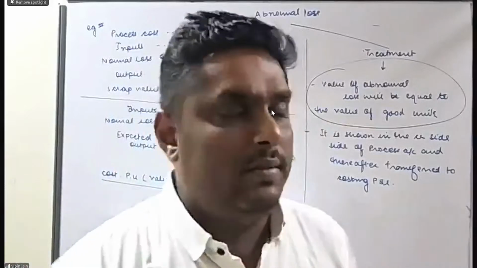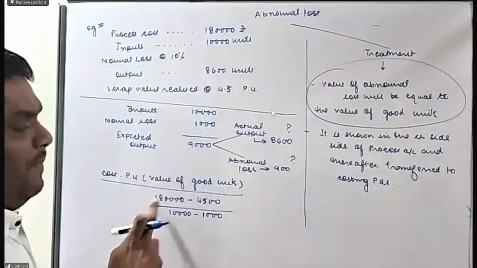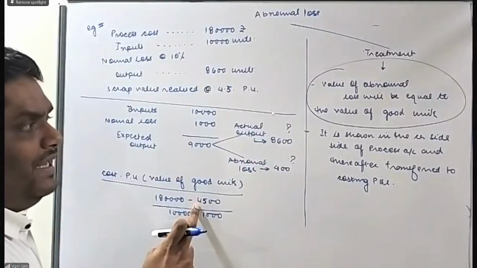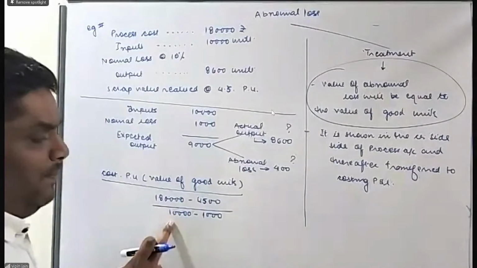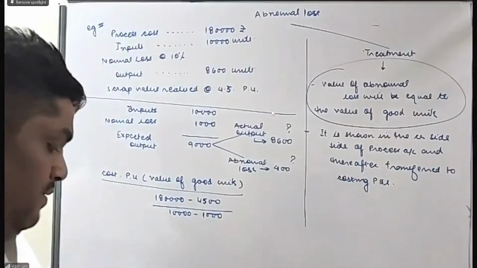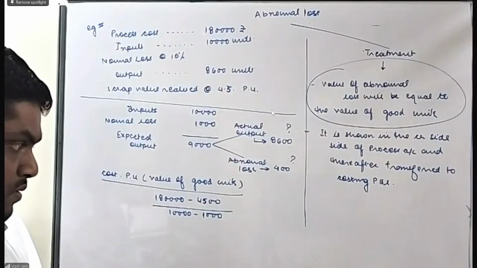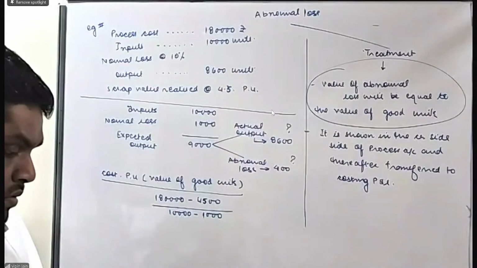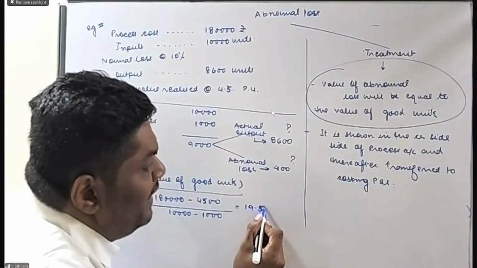So, as I said, the process cost minus the scrap value realized on sale of normal loss, divided by my inputs minus normal loss. So this will be 19.5.